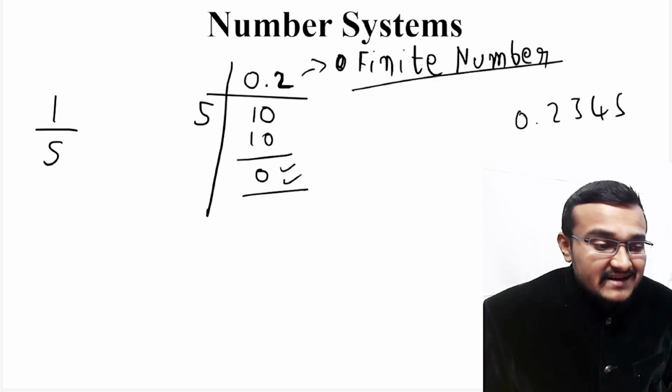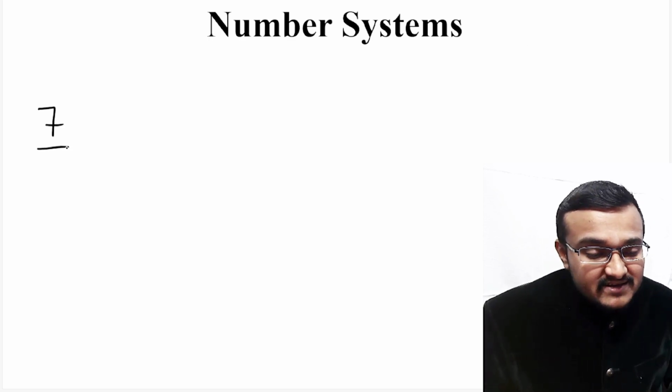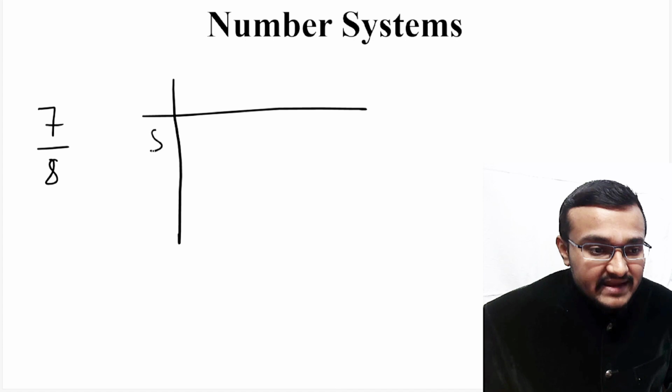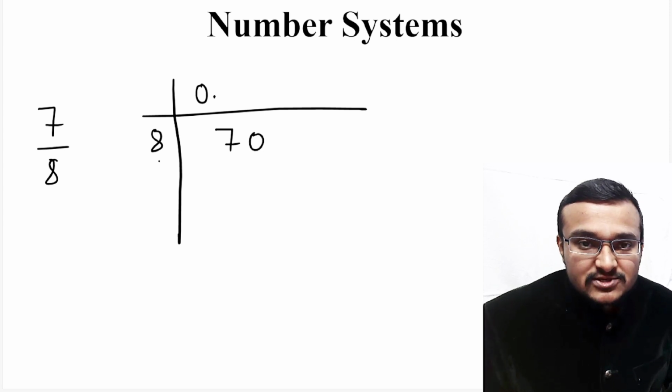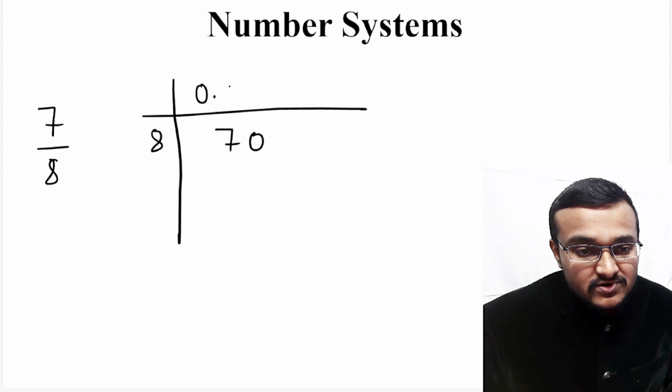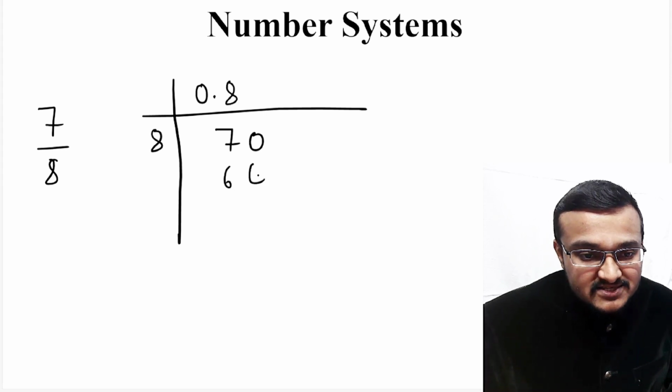Now if I take another example, 7 by 8, we have to divide 7 by 8. So 8 I can write here, 7 I can write here. You can put 0 point. When you take point, then you can put 0 over here. So 8 8s are 64.